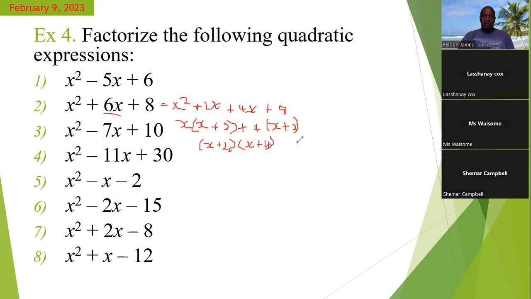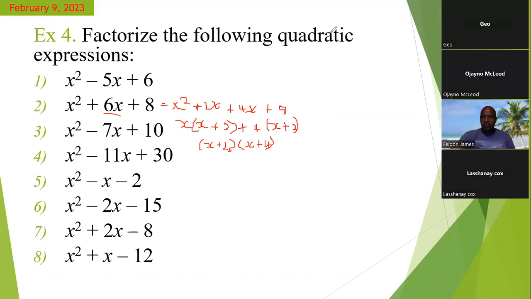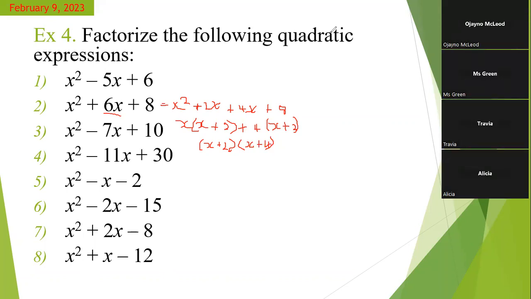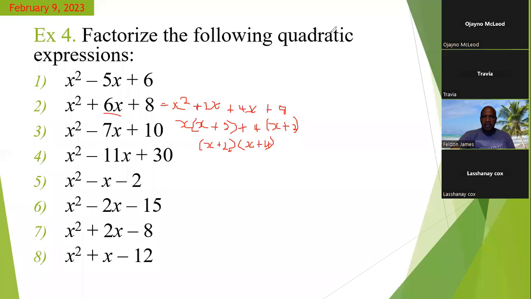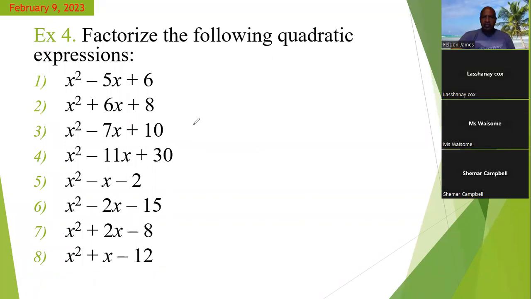All right. Let's see the answer, those who get this one, please. All right. Very good, guys. Moving along now. Question 3. Two numbers that you multiply to get 10, when you add them, you get negative 7x. What are the two numbers?